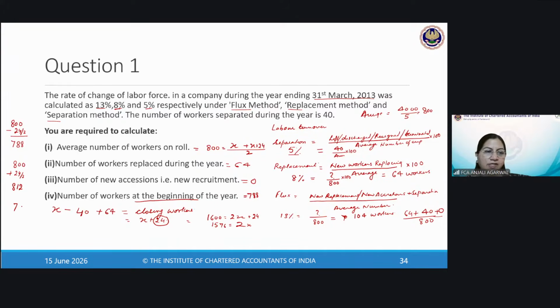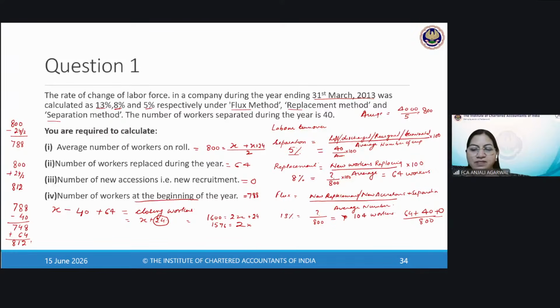You can verify your answer: from 788, when 40 workers left, your number of workers is 748. And then when another 64 are added to this, the closing workers are 812. Okay, so I'll revise again. Labor turnover is calculated using three methods: separation, replacement, and flux.